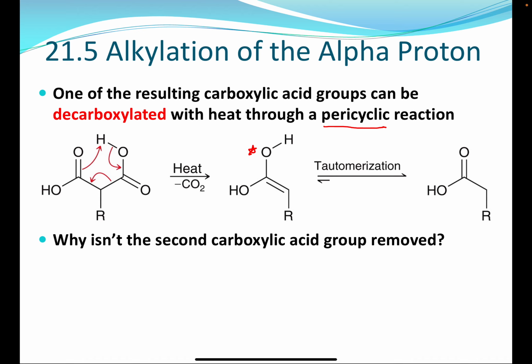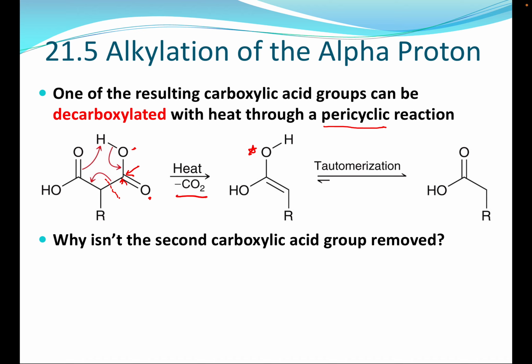When it does that, this carbon right here will be overfilling its octet, and so your molecule will actually cleave a carbon-carbon bond and form a new double bond, and one oxygen, two oxygens, and one carbon will give us CO2.